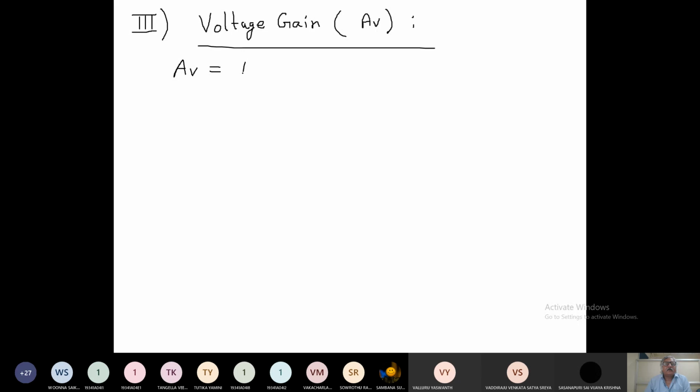This is a ratio of output voltage to input voltage.